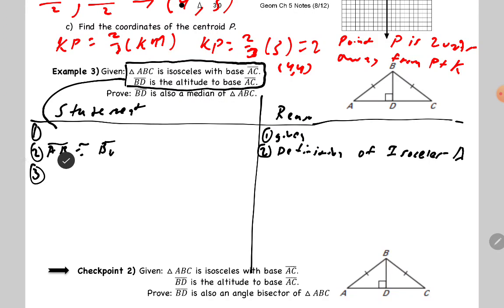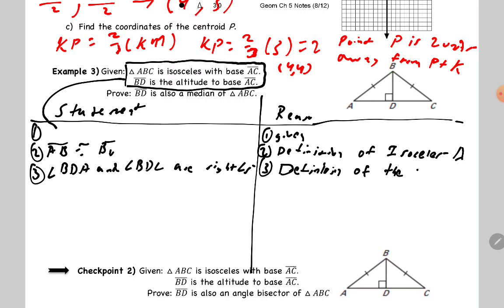That means angle BDA and angle BDC are right angles, by the definition of the altitude. The altitude starts from the vertex and goes to the other side, perpendicular to the other side.